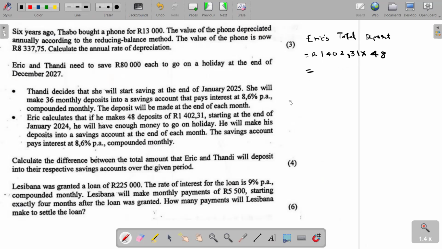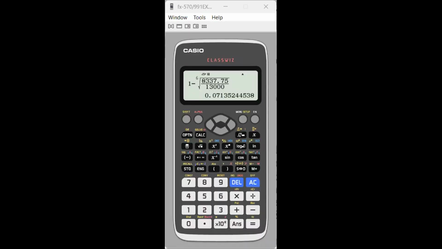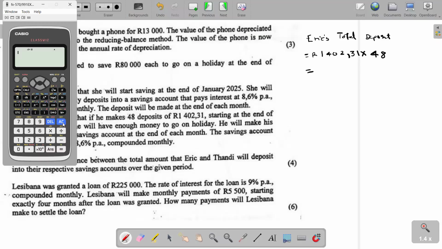So if we go to our calculator, what are we going to get? So it means we are going to have 1,402.31 multiplied by 48.